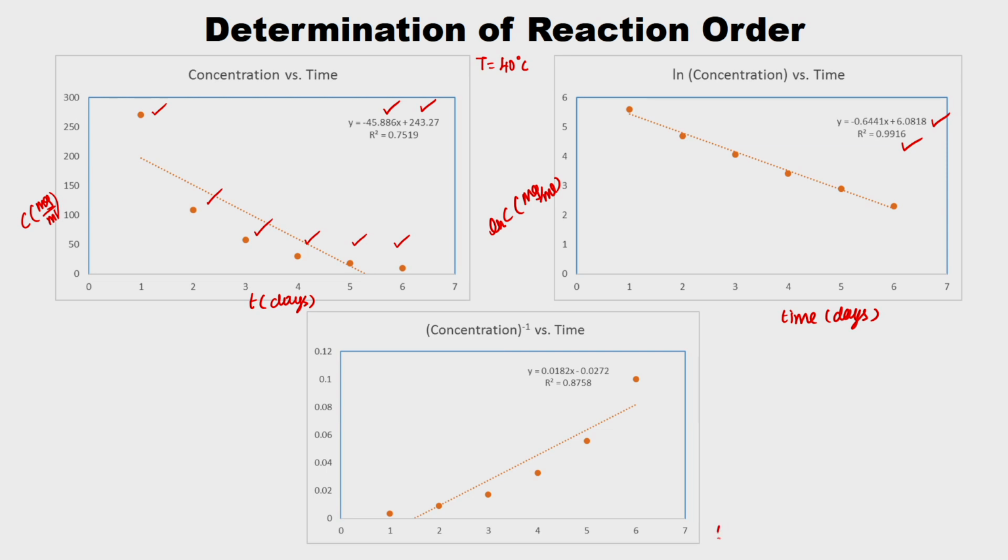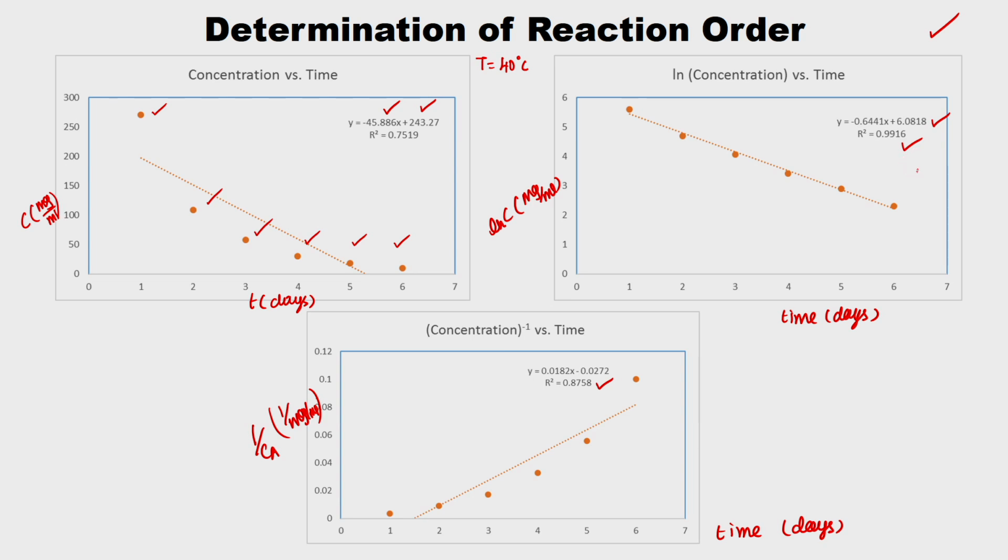For the third, my x axis is time in days and my y axis is 1 upon Ca, in units of 1 upon milligrams per ml. I have plotted again, and it gives me an r square of 0.8758. Obviously, from the second one, you must understand that it gives a good fit.